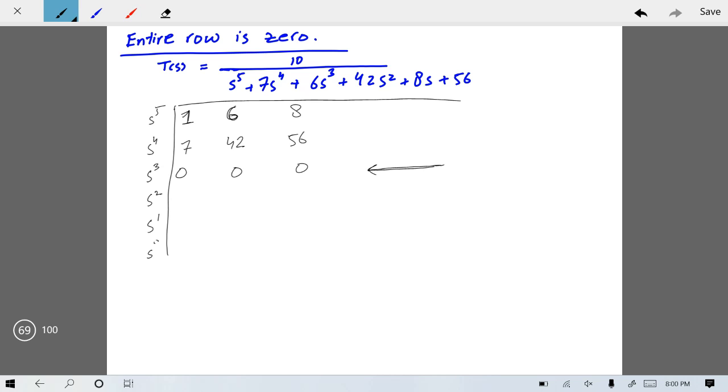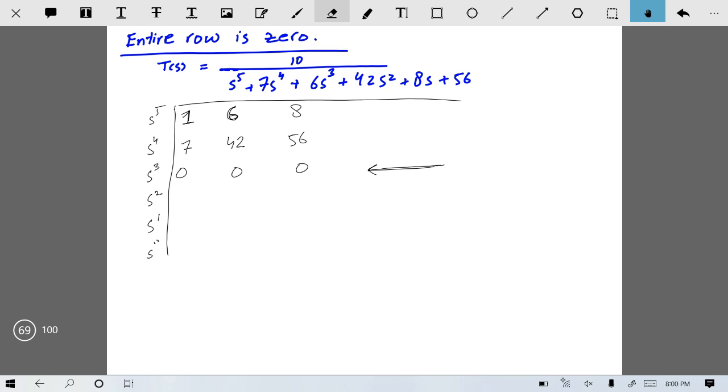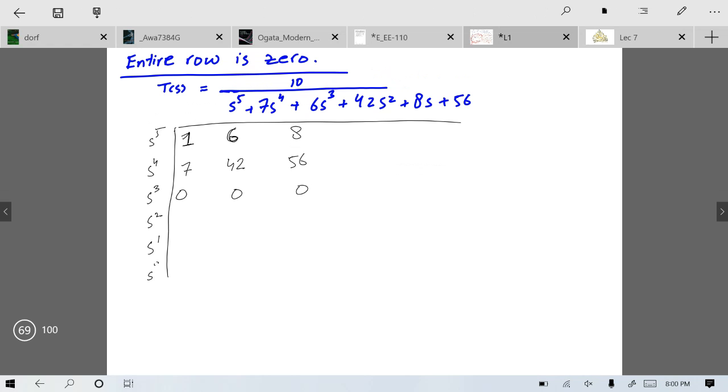So now how to go about it? If your complete row is 0, then you take the row above that 0 row as an auxiliary equation. For example, this row is the 0 row, and this row will help you to form the auxiliary equation.